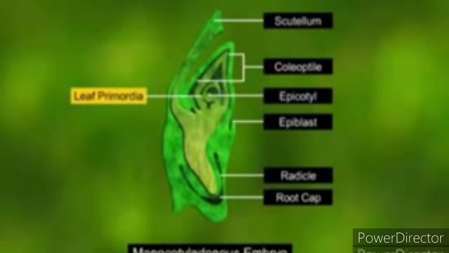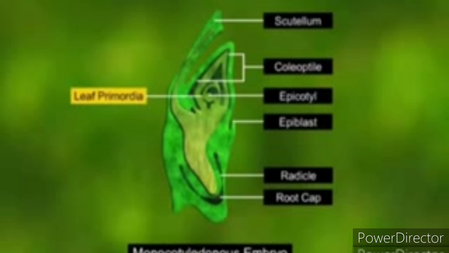The portion of the embryonal axis above the level of the attachment of scutellum is the epicotyl. The epicotyl has a shoot apex and a few leaf primordia enclosed in a hollow foliar structure called coleoptile. That is present above the soil.